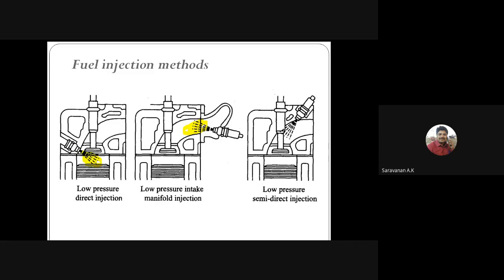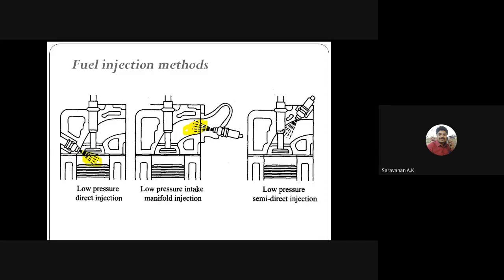So each cylinder has a single injector that injects the fuel directly into the cylinder, which is called the direct injection of the gasoline into the cylinder. Then the second one is the port. Most of the gasoline fuel injection systems used in SI engines are of two types of injection.